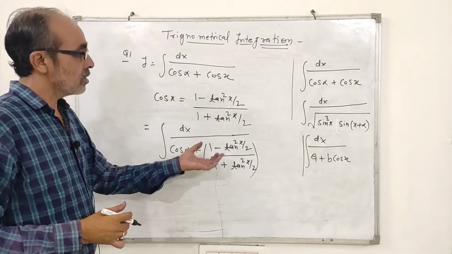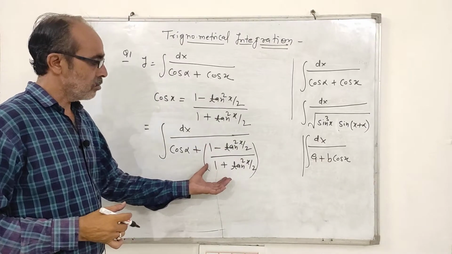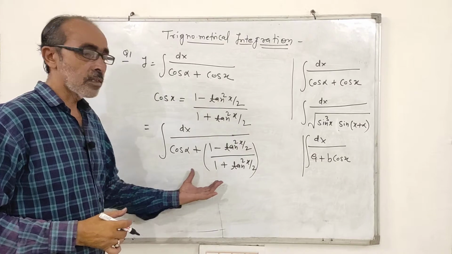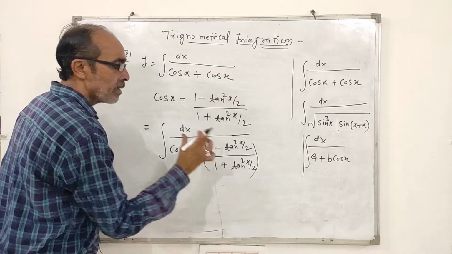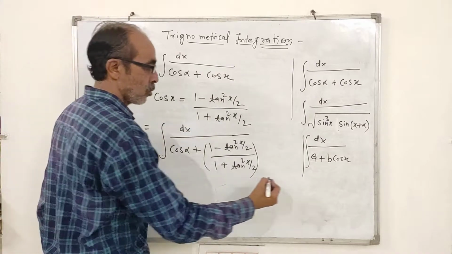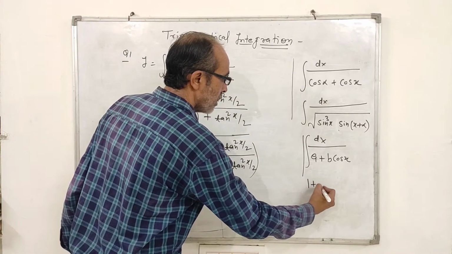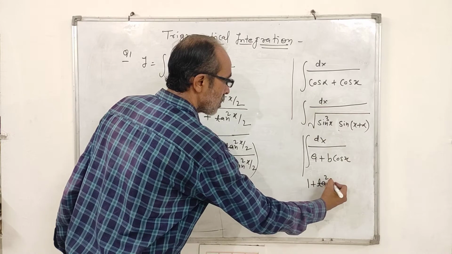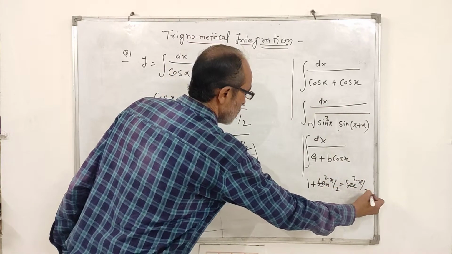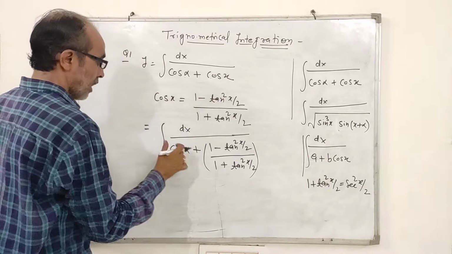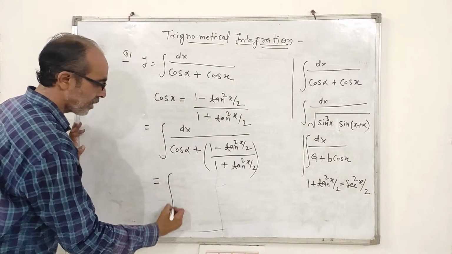According to these substitutions, we can solve easily by the substitution method, because 1 plus tan square x by 2 is equal to sec square x by 2. Then we write here the integral I.